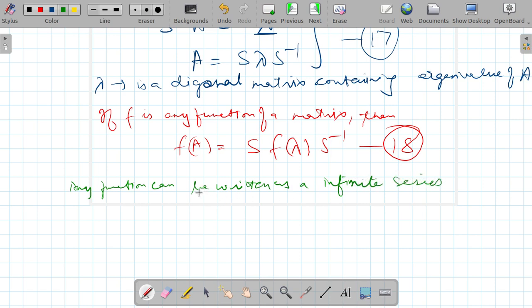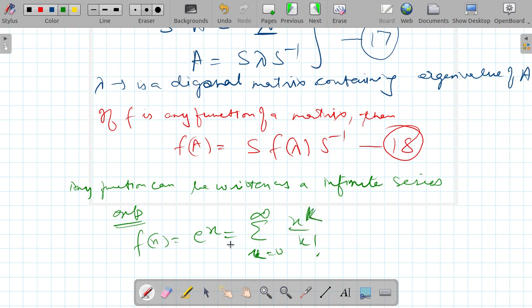This motivates us to express a matrix function in the form of an infinite series. Let me take the exponential function, which can be written as e raised to power x equals the sum over k from 0 to infinity of x raised to power k over k factorial.